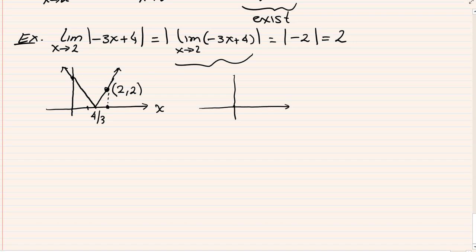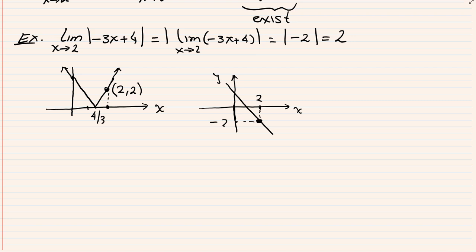True? The absolute value is dealt with in the end. So I'm actually looking at the graph of negative 3x plus 4, something like that. And this is where 2 is, right? And negative 2, so we're looking at this one. See the difference on the graph? There's two different things, but because we take the absolute value, the answer is going to be the same. So it's easier to work with the linear functions.